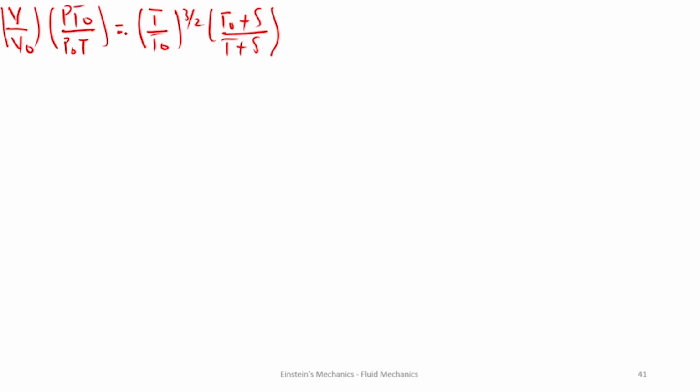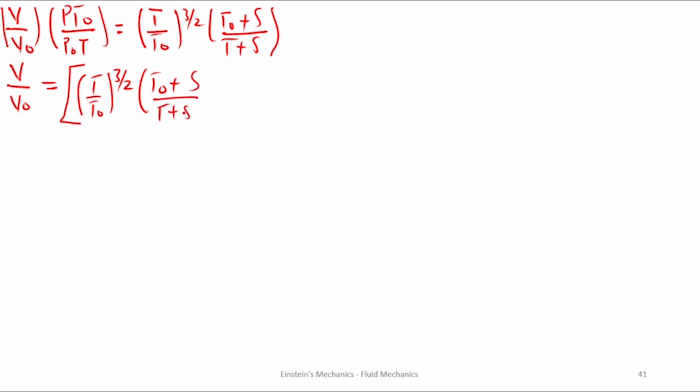All right, so I'm dividing both sides by this, so that I'll be left with V on V naught equal to, remember this is multiplication, and when you are bringing a division in, the order matters. So I'll put the whole of this in one bracket and say T on T naught to the 3 on 2, T naught plus S on T plus S, closed. It's going to be divided by this, divided by that, which is P T naught on P naught T.